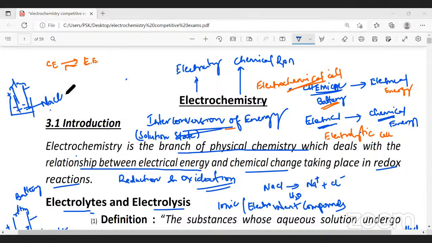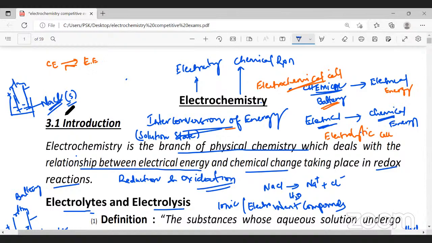When I say NaCl, what is the physical state of that NaCl? It's a solid. In solid, do we have the possibility for these ions to move towards the respective electrodes? Not possible. Here in solid state, the ions are not free to move. Therefore, solid substances like NaCl, KCl, or any other salt will not conduct electricity.